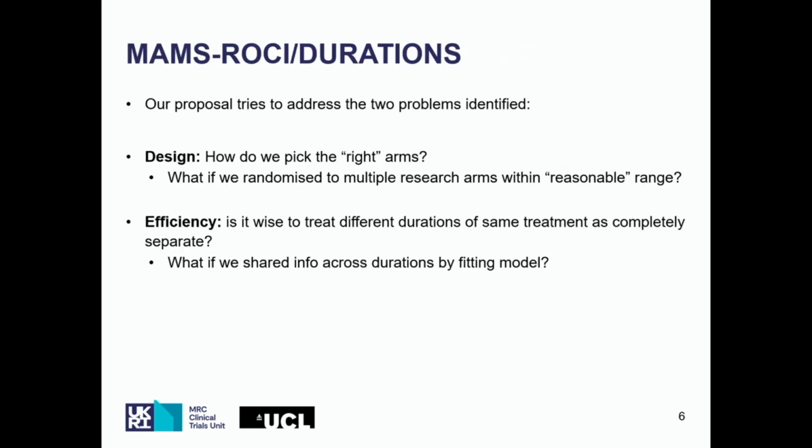The proposal here tries to, and I think successfully does, address these two problems. What if we randomize to multiple research arms within an acceptable range? And what if we share information across the different durations of our research arms with some statistical modeling?